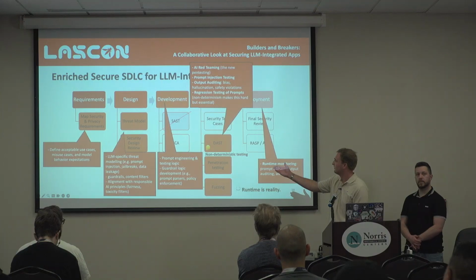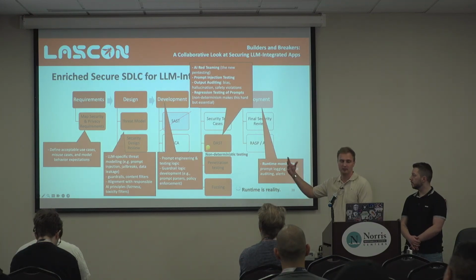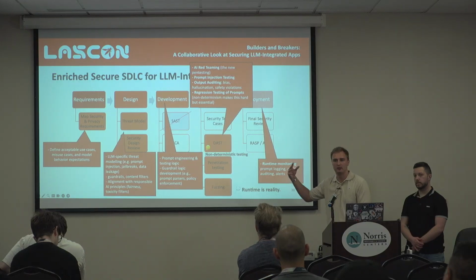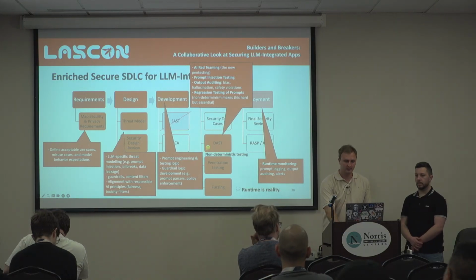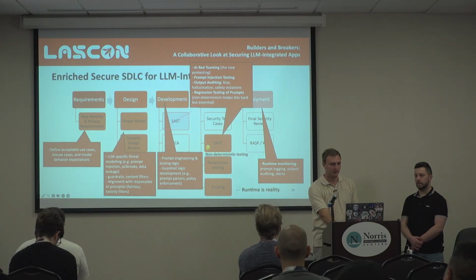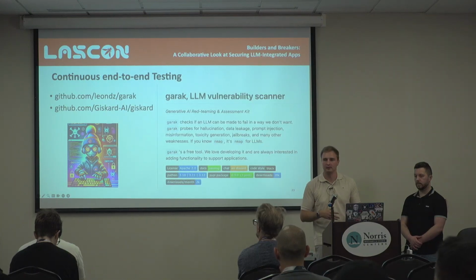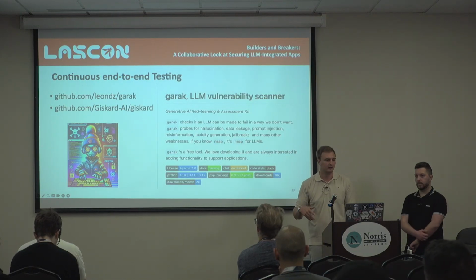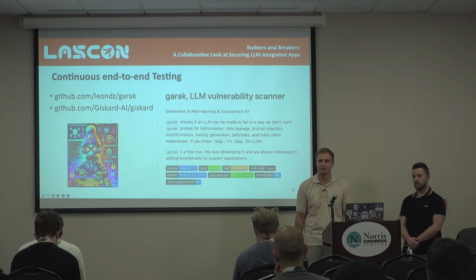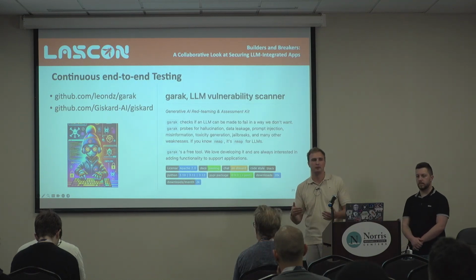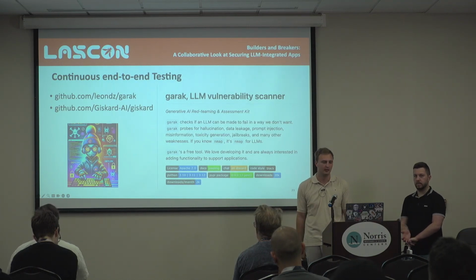And we have here prompt engineering, also with the inbuilt sanitizer, with the filters, some regular expressions that we can add. And to show you two frameworks for this continuous end-to-end testing: Garak and Giskard. Two open source products which you can use and embed into your pipeline for those end-to-end tests.